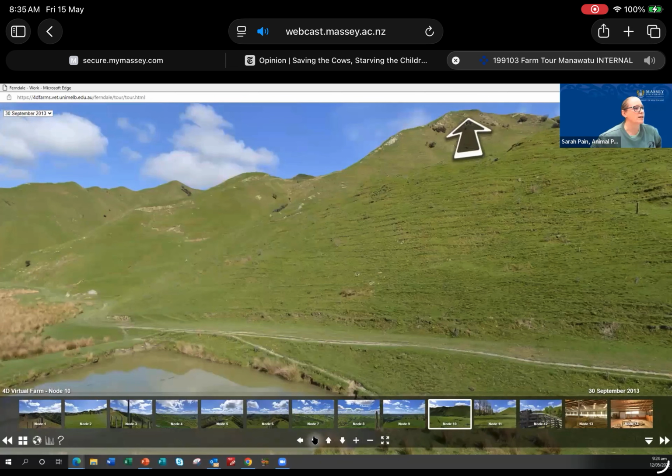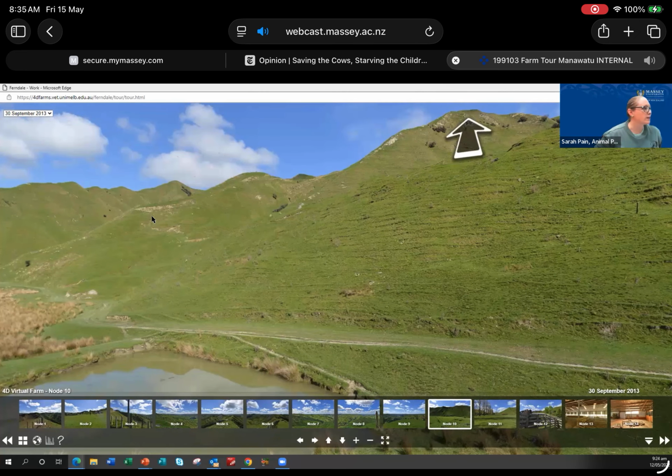We might look at this side for kicks today. So one of the biggest issues that hill country farms have to deal with is the hillsides themselves. If you have a look at this hillside, you can see a lot of these little ridge lines going across the hill.